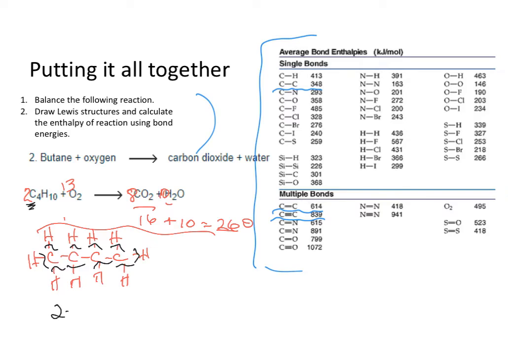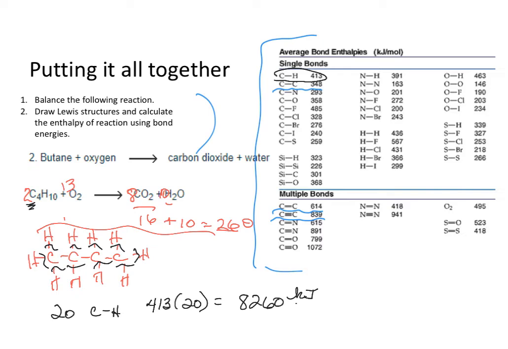So I have 20 carbon-hydrogen bonds, and I'm going to go over to this chart, and I see that a carbon-hydrogen bond is 413 kilojoules, so I'm going to multiply that number by 20, and if my mental math is right, I'm going to get this many.